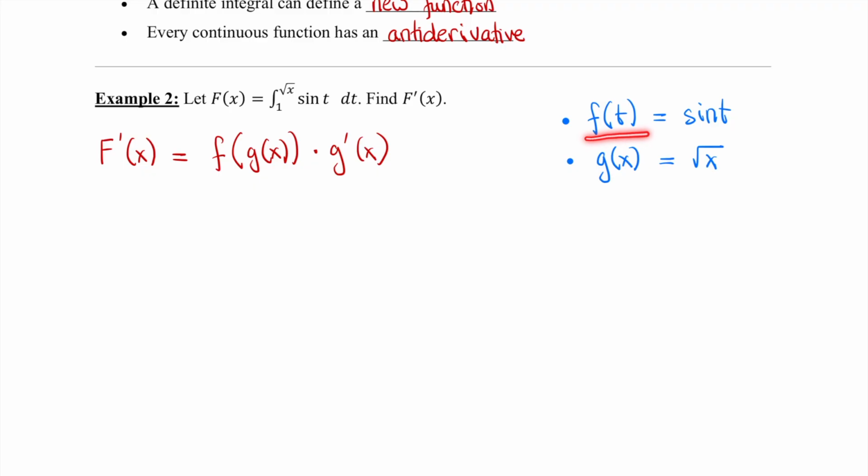F of t equals sine of t. F of g of x equals sine of g of x. Now, g of x equals square root of x, so I replace g of x with square root of x.